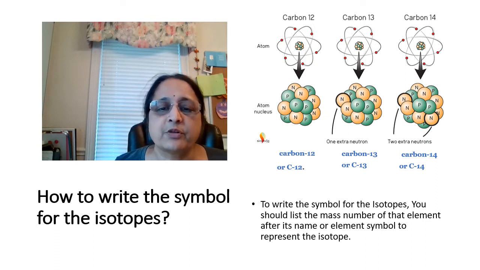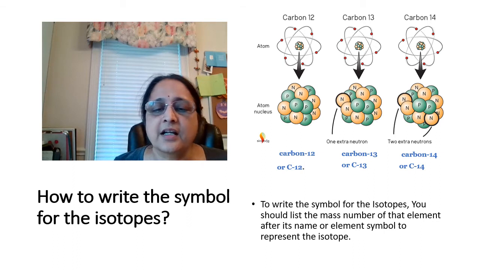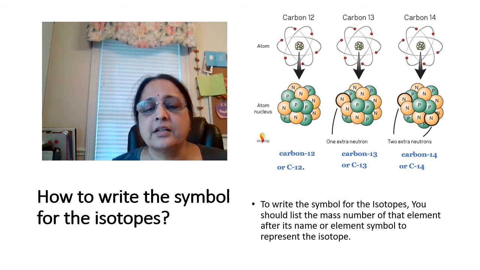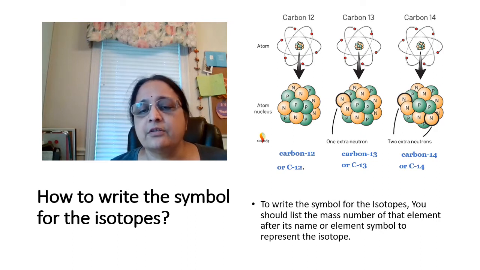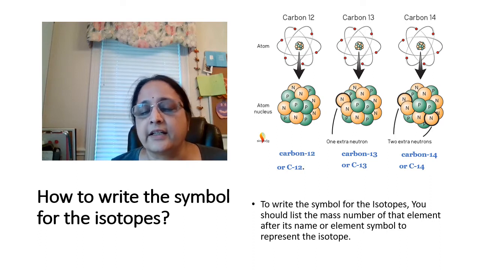One is with 6 protons and 6 neutrons, and it is represented as carbon 12 or C12. Then another isotope of it with 7 neutrons and 6 protons. Then the atomic mass is 6 plus 7, 13. So therefore carbon 13 you should mention, or C13.